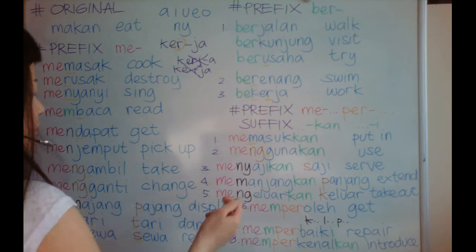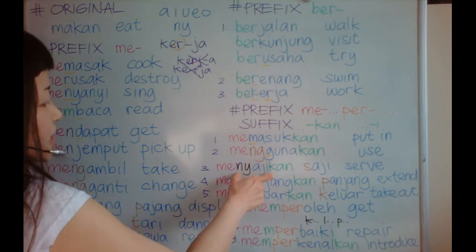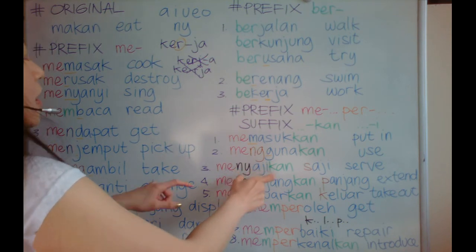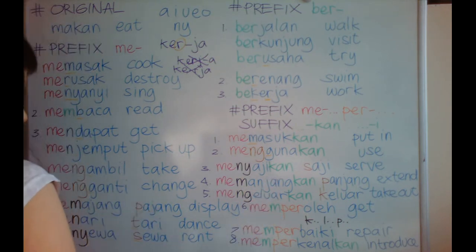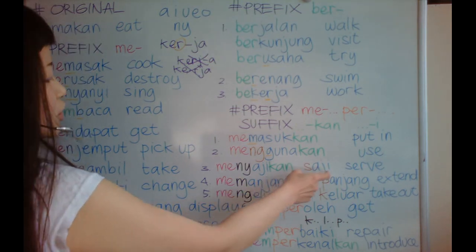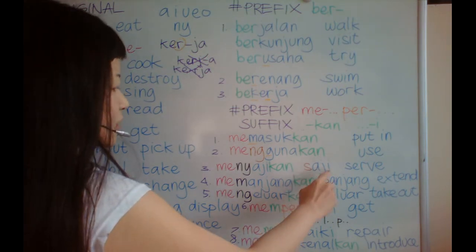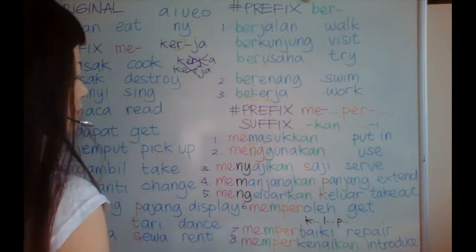And then it becomes nyaji, and the prefix is me, the suffix is kan. This is the original or the basic word, saji. Menyajikan, serve.